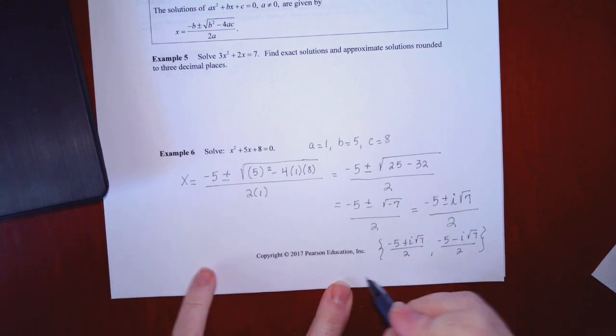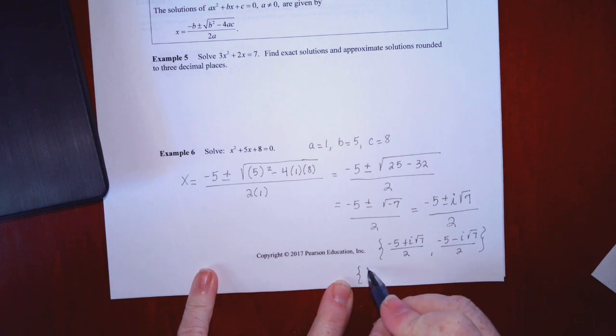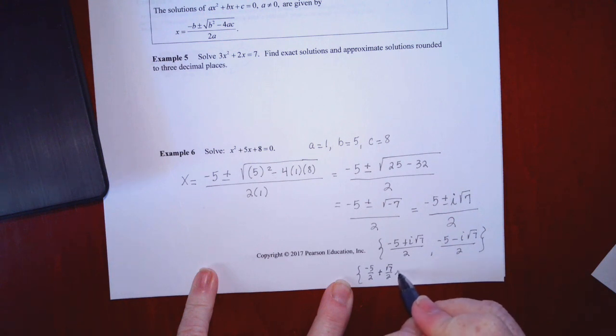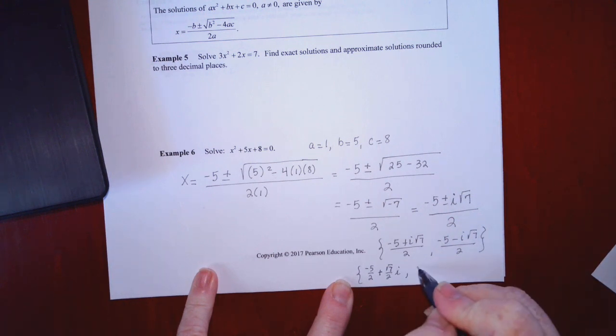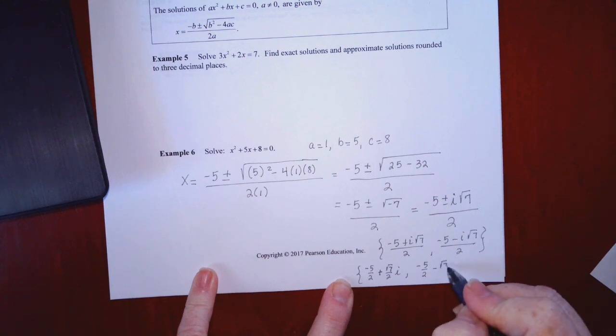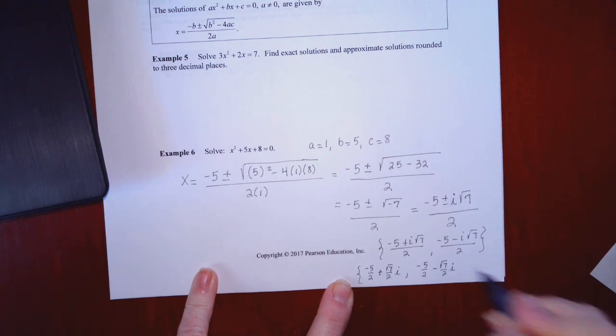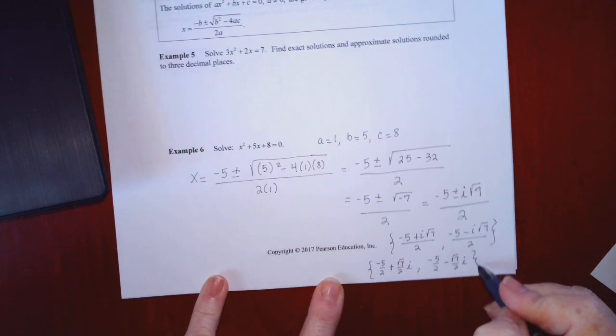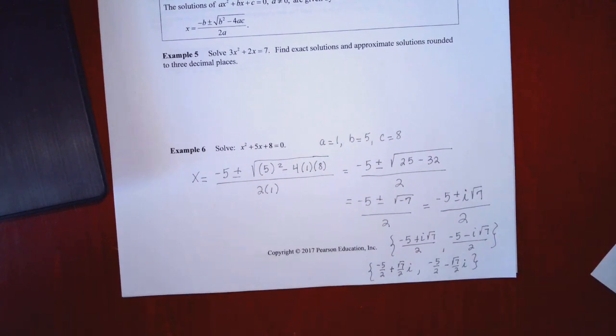Which of course you could break that apart a little bit if you wanted to and make that negative 5 halves plus the square root of 7 over 2 times i, and negative 5 halves minus the square root of 7 over 2 times i. Now one thing you want to be careful about is when you're typing these in, make sure you don't accidentally put the i underneath the radical. It will never be underneath the radical.